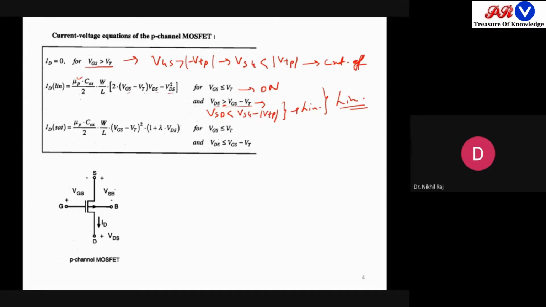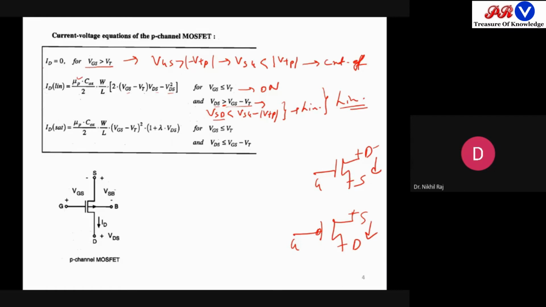So whenever you use the equation, be clear whether you are using the concept of a symmetric device, meaning whether you are interchanging terminals. This was your NMOS, this was your drain, this is your source, this is gate. And if it is a PMOS, this is gate, this is source, and this is drain, because in NMOS current will flow like this, and for PMOS it will flow like this.